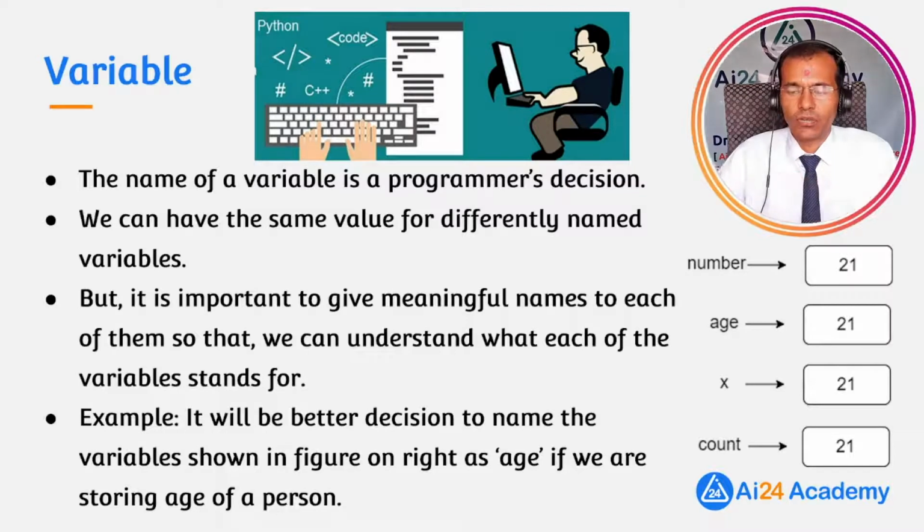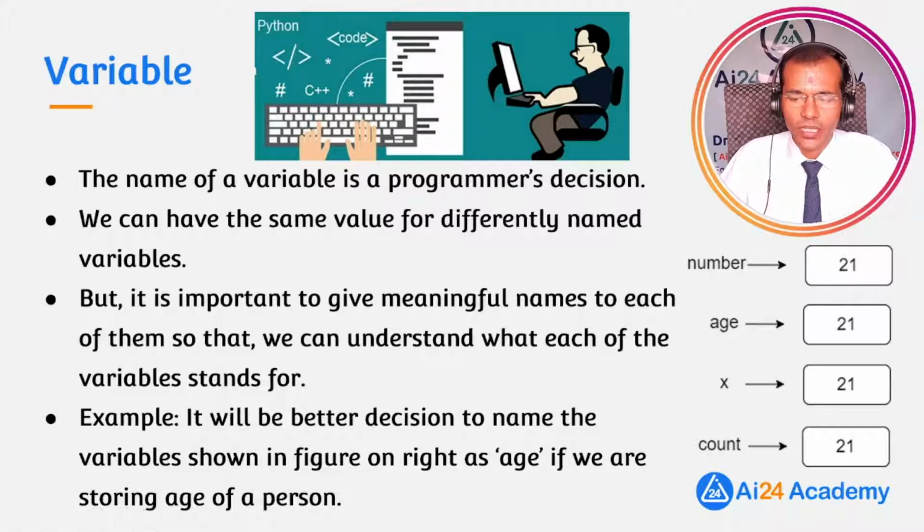For example, over here on the right hand side, 21 is stored in 4 different variables: number, age, x and count. So all the variable names are different, but all have the value 21. So it will be a better decision to name the variable shown in this figure as age if we are storing the age of a person in that variable.